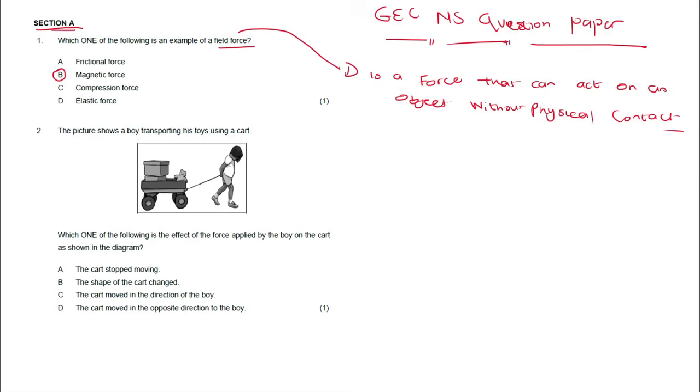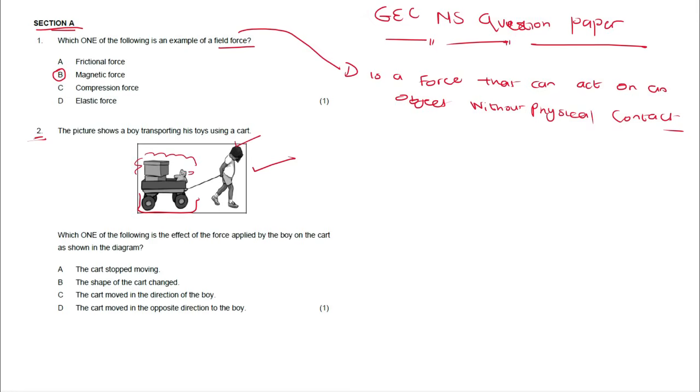Next, we will move to question 2. Question 2 says the picture shows a boy transporting his toys using a cart. So this is our cart, these are the toys they are referring to, and this is the boy.